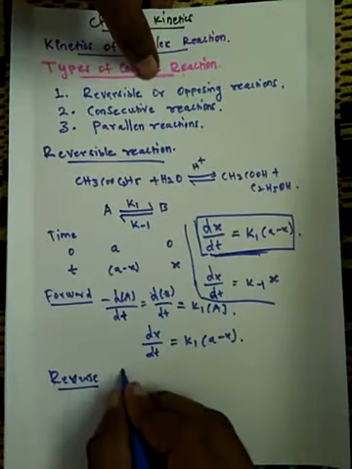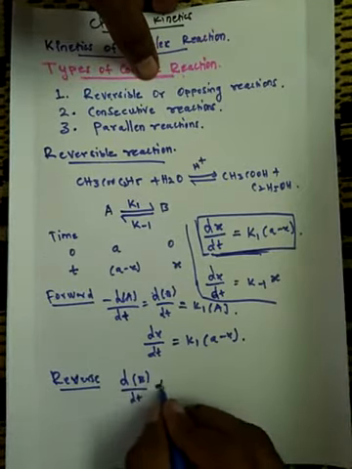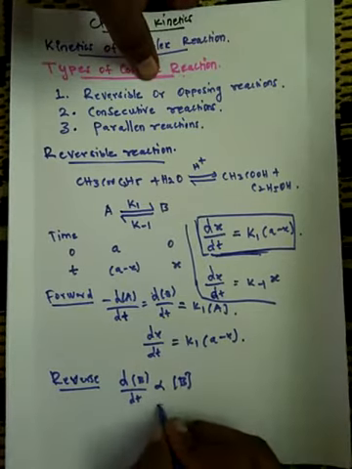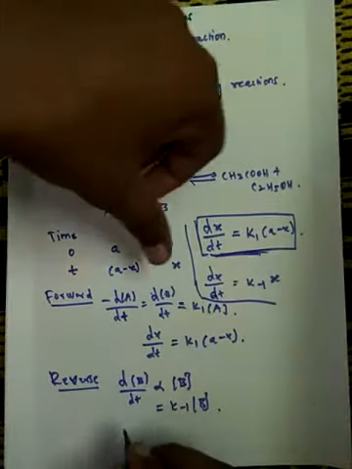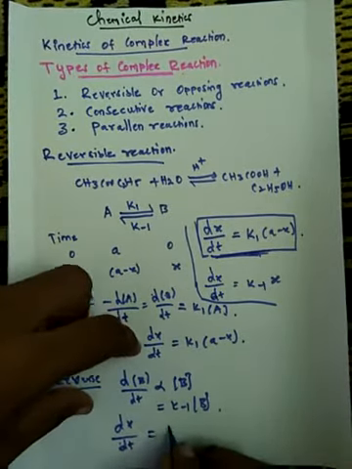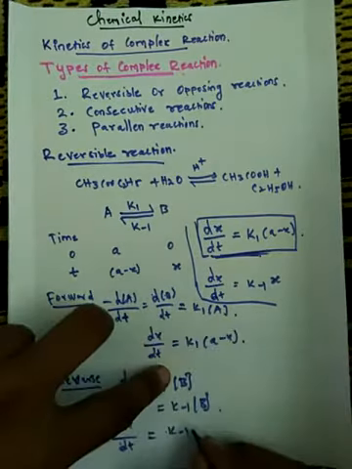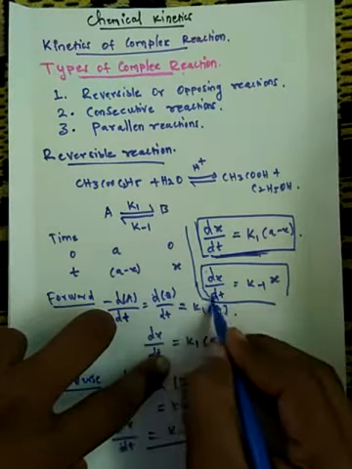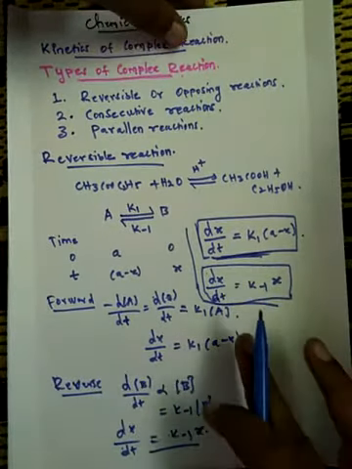Therefore I'll write d concentration of B by dt is directly proportional to concentration of B. Therefore K inverse and B. So this is dx by dt equal to K inverse, concentration of B at time t is x. This is what I've written. This is the rate of your reverse reaction. So this is the rate of forward reaction and this is the rate of reverse reaction.